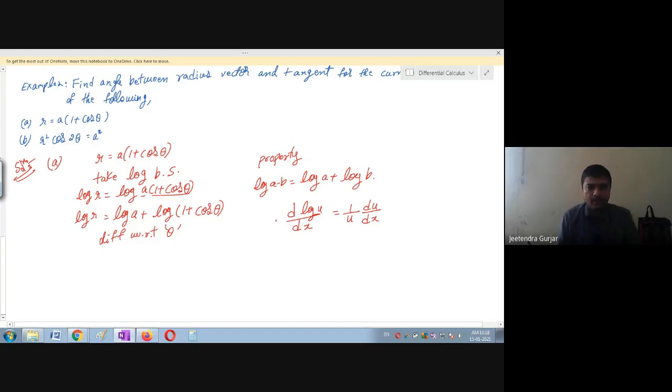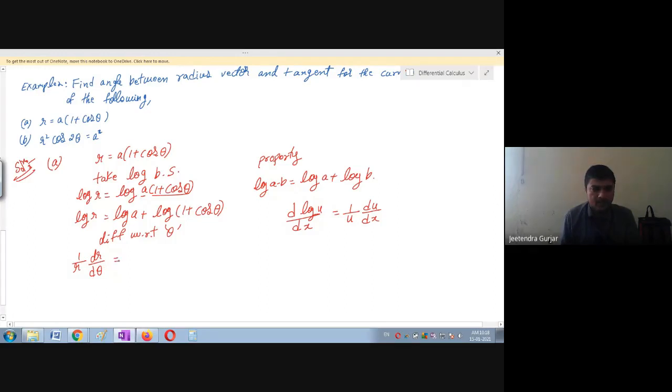So practice this formula, students. Here u is nothing but r, so this becomes 1 upon r dr upon d theta, since it is with respect to theta.